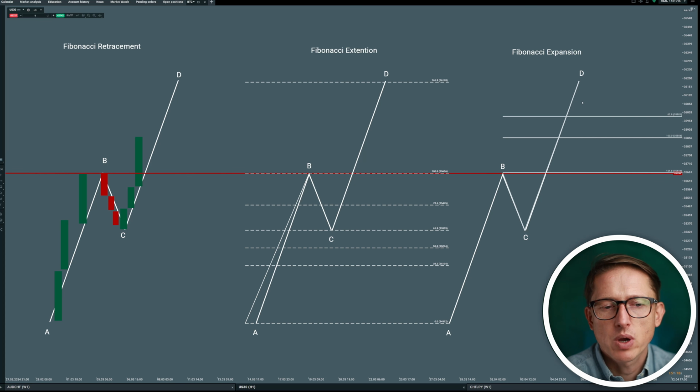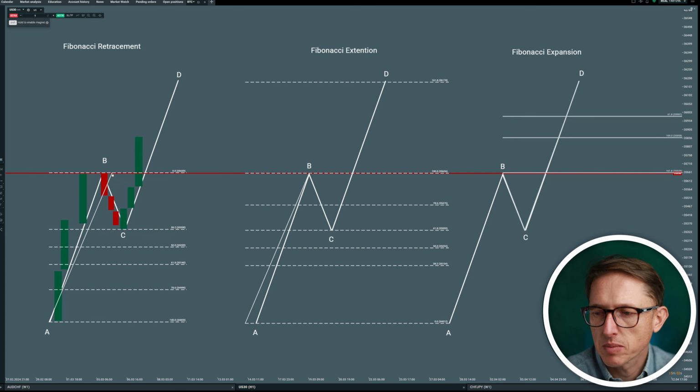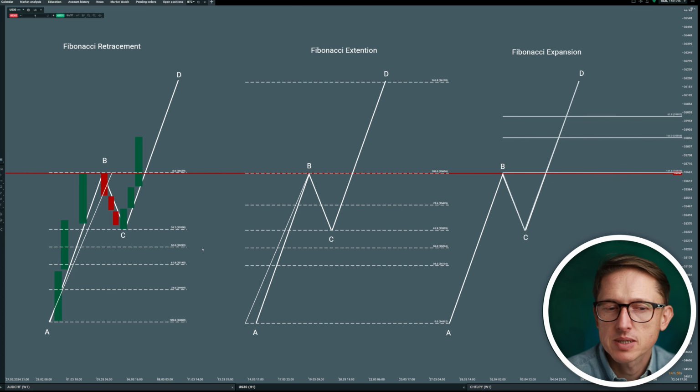With this measurement, we are not trying to find the top, where to take profits, but we are calculating what we were calculating before with Fibonacci retracement. So you remember that Fibonacci retracement was showing us points of potential retracement. And now we are doing the same.